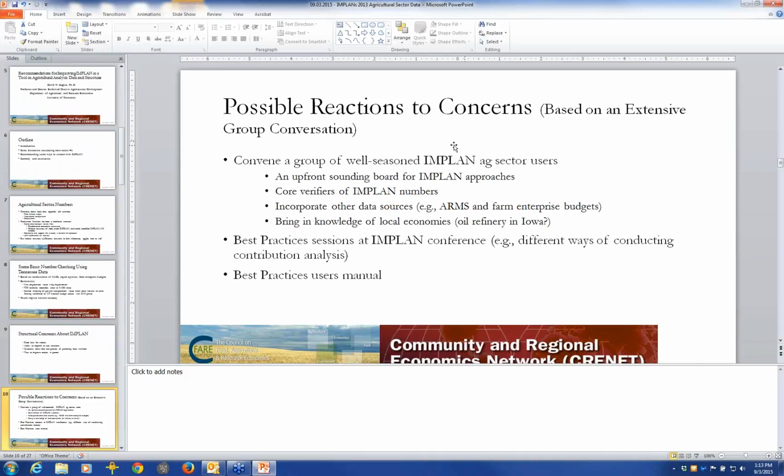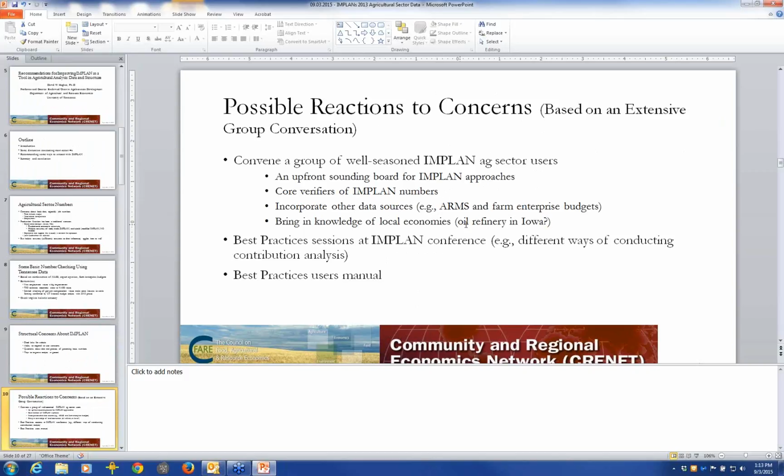So one is an upfront sounding board for IMPLAN approaches. You could have a convivial group of well-seasoned IMPLAN ag sector users, and they could provide that. It could be a sounding board. They could take the IMPLAN numbers and verify those numbers for the economy they know well, that state or regional economy.